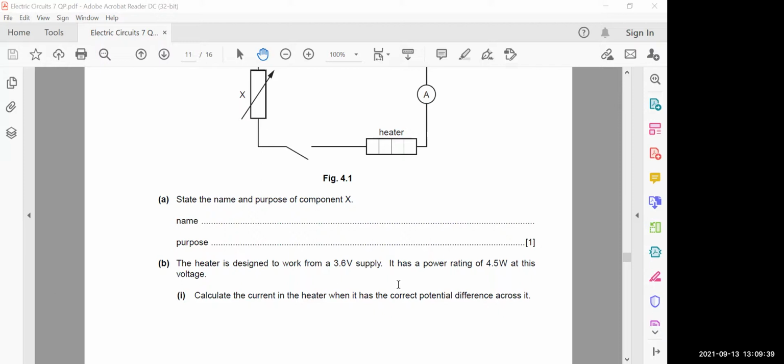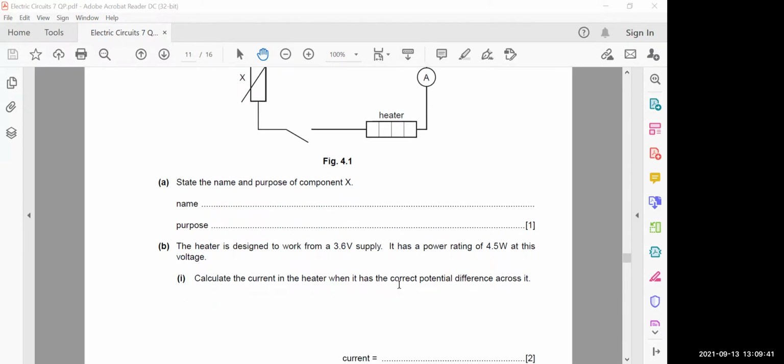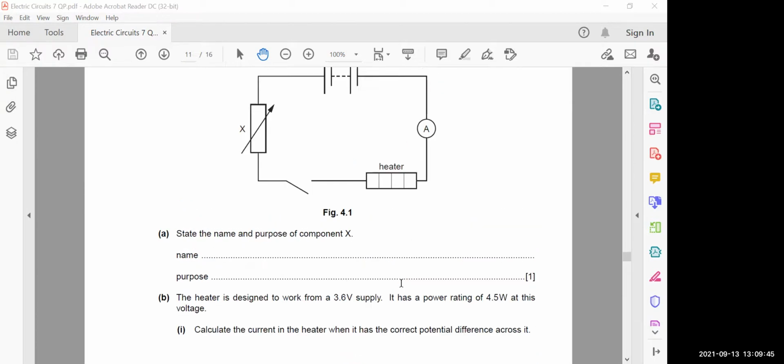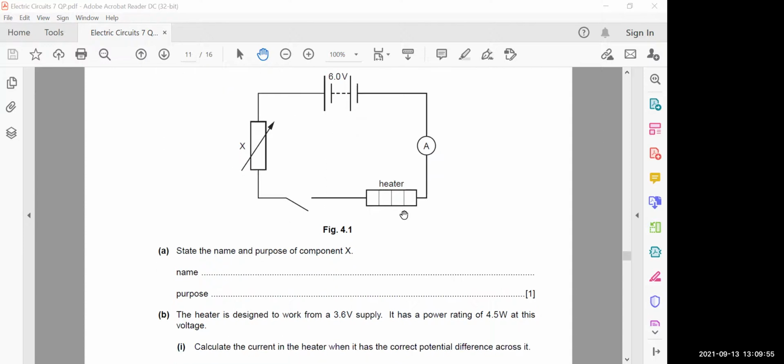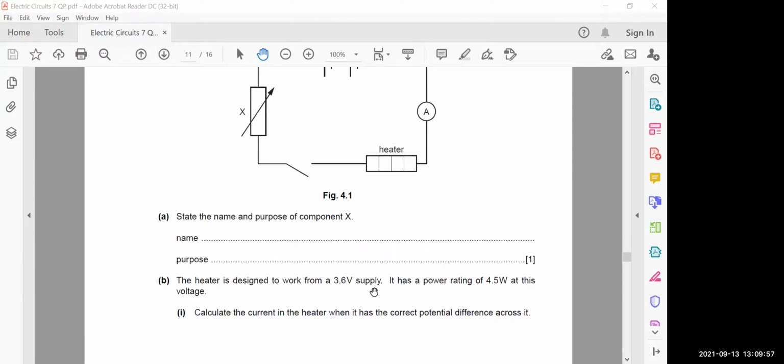Look at this statement carefully, children. The heater is designed to work from a 3.6 volt supply. The total voltage is given as 6.0 volt. The heater can operate only if the voltage is 3.6 volt and it has a power rating of 4.5 watt. Calculate the current in the heater. Please take some time, children.